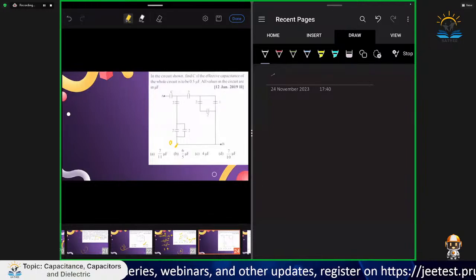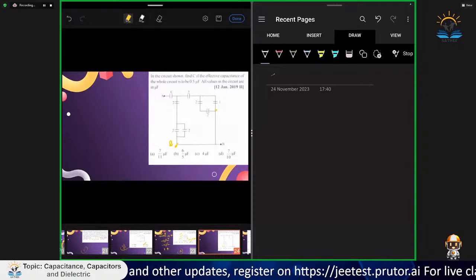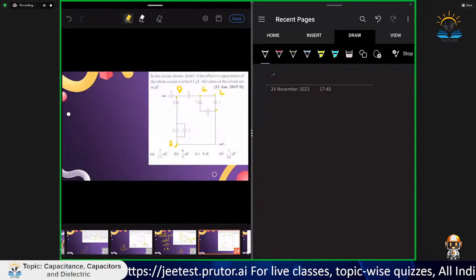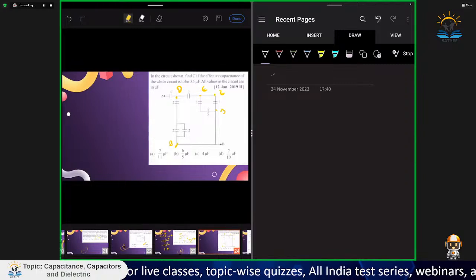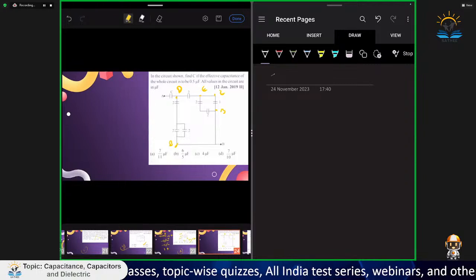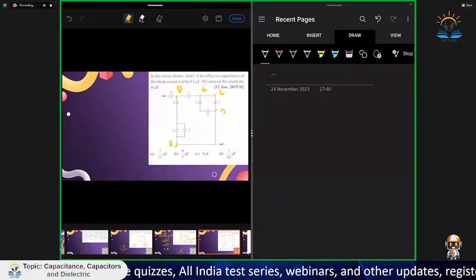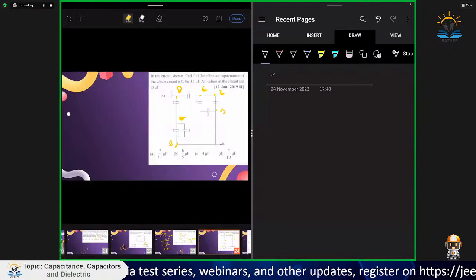Suppose this is B and this is also B. And here I'm marking D, and here I'm marking E. If this is E, then this is also E. This is B and this is also B. This point we have to mark. This point is A, C. This point is C. Easy.